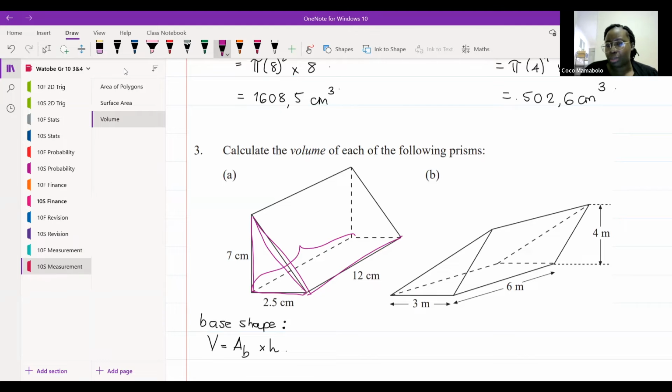What's the height going to be, guys? 12 centimeters, exactly. And then the height of that part over there of my triangle, also 12 centimeters. So do you see why? Give me a thumbs up if it makes sense why Callan says that the triangle is our base.